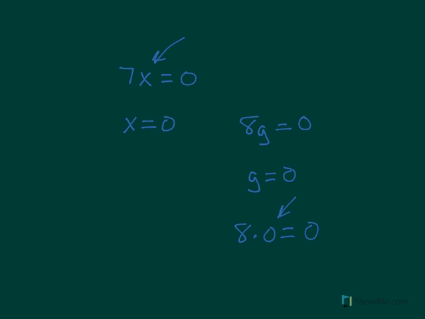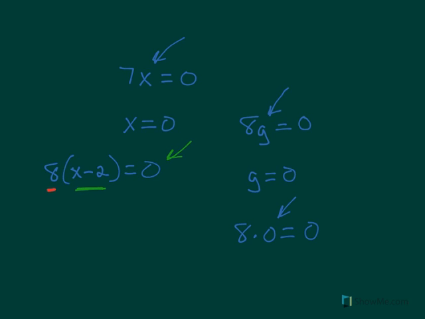And what if you had something a little bit more complex than just a single variable? So what if we had something like 8 multiplied by (x minus 2) needs to equal 0. So the 8 has to multiply against the parentheses, but it has to make a final answer of 0.